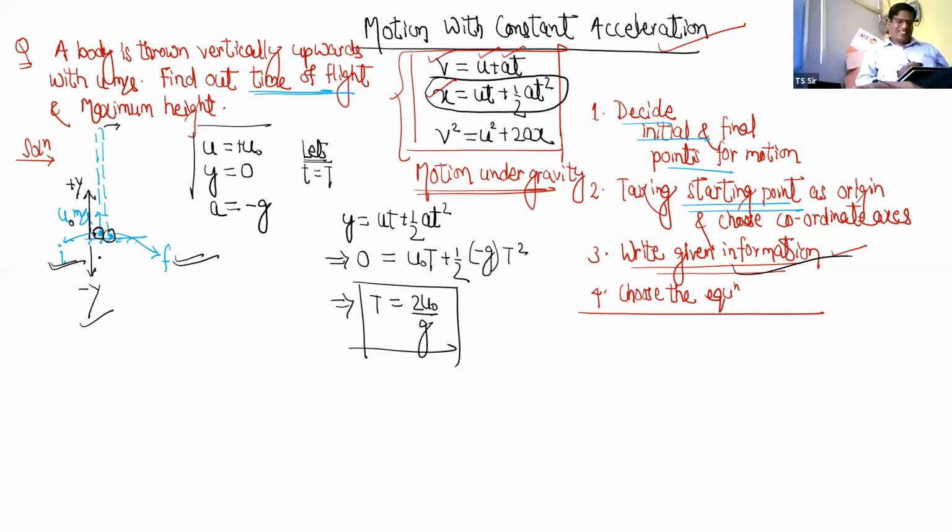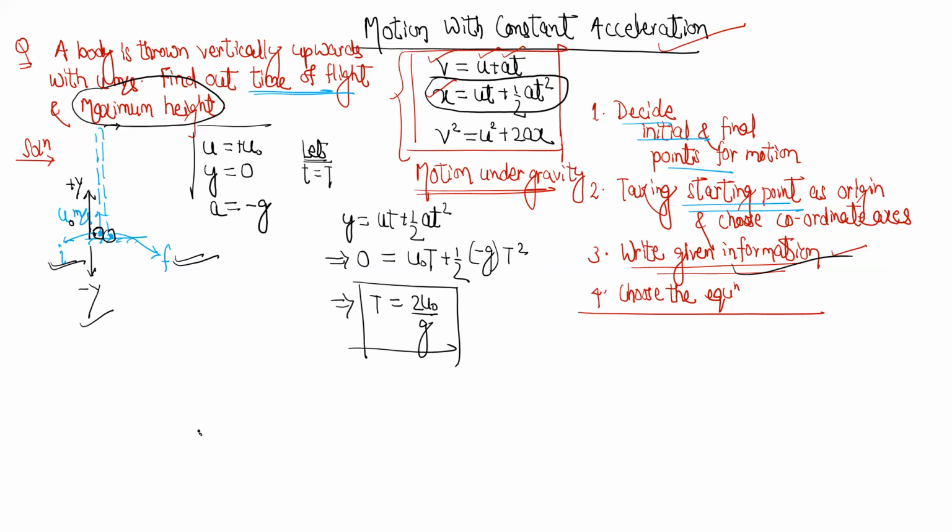Next question, maximum height. Achha, maximum height means you take this as initial position and this as final position. Consider the motion from here to here. Now here u is plus u naught. I am taking this as my positive y-axis. Many times we do things mentally, but just to teach you, I'm doing these things slowly.